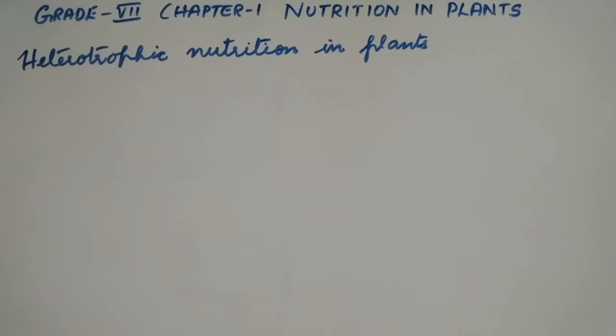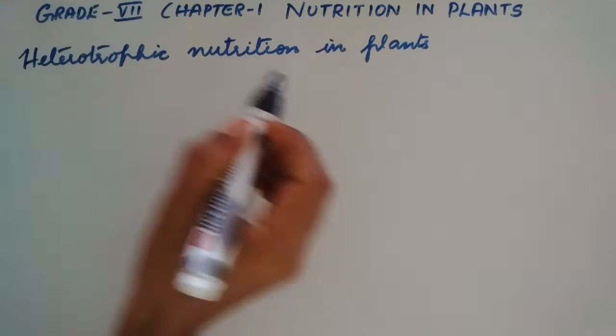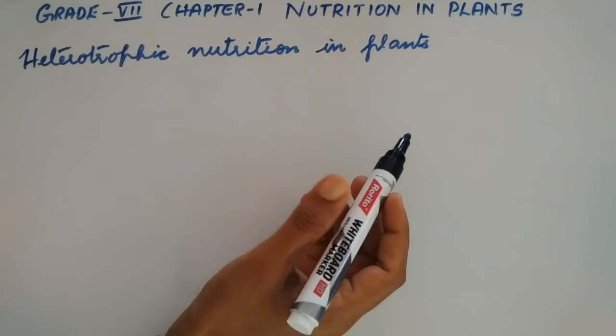In the last video session, under heterotrophic mode of nutrition, we learned in detail the parasitic mode of nutrition. In today's video session, let us learn still more modes of nutrition under heterotrophic nutrition in plants.